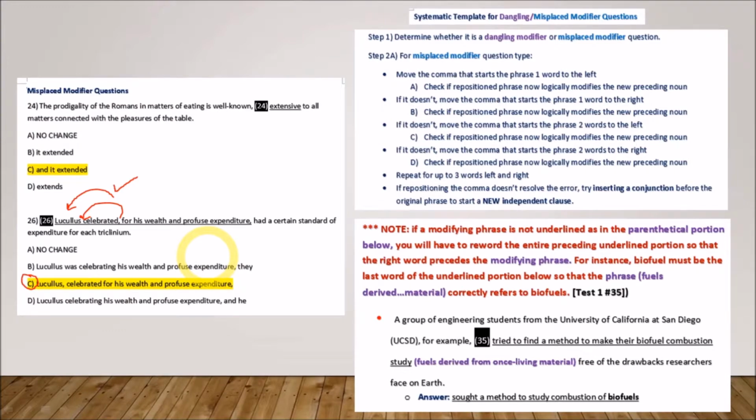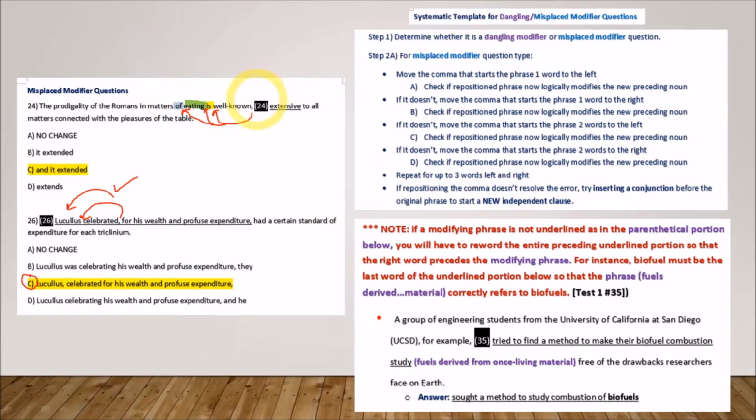Now, the second type of misplaced modifier question usually appears towards the end of sentences. For instance, number 24. We try moving this comma here up to 3 words to the left, but the new phrase doesn't logically modify is, eating, or of.